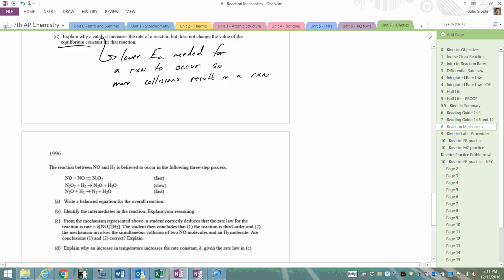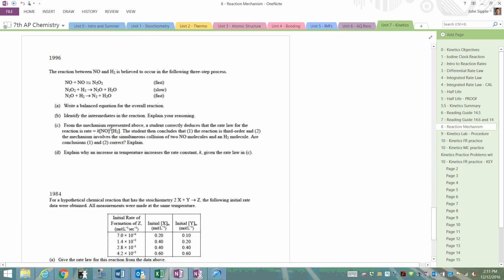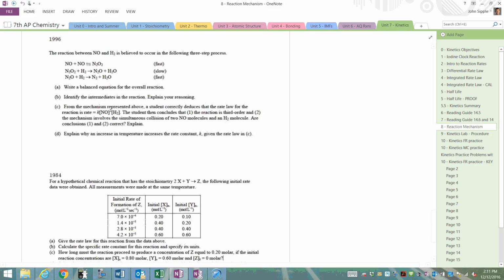All right. 1996, my junior year of high school. I think I weighed like 130 pounds maybe. I didn't really grow until my junior year.